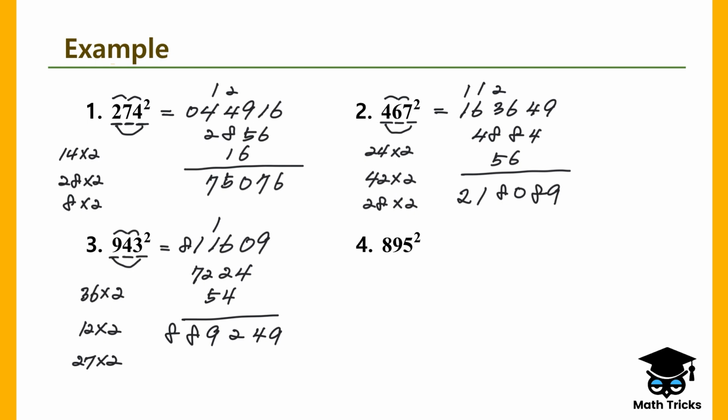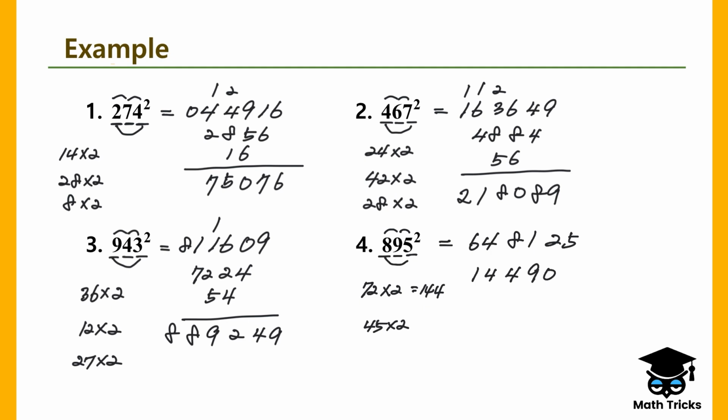Number 4, we have 895 squared. So that is equal to 8 squared 64, 9 squared 81, 5 squared 25, and 8 times 9, that's 72. So 72 times 2 is 144, right? So 144. And 9 times 5, that's 45. Times 2, that's 90.